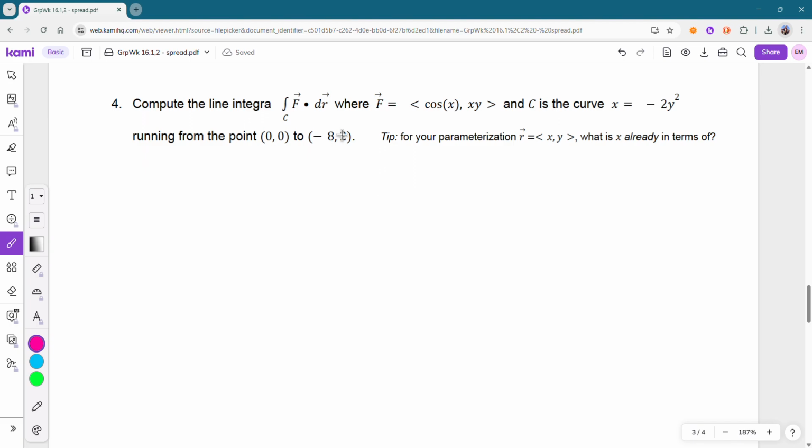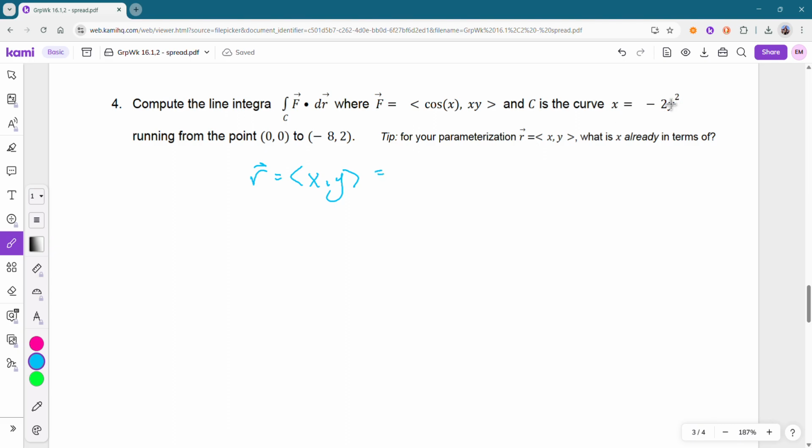So, as always, first step here to compute our line integral is to get our parameterization of our curve. We're dealing with points in the plane, so our parameterization is going to hand us the xy points. And our curve is actually defined by an equation where x is solved for in terms of y.